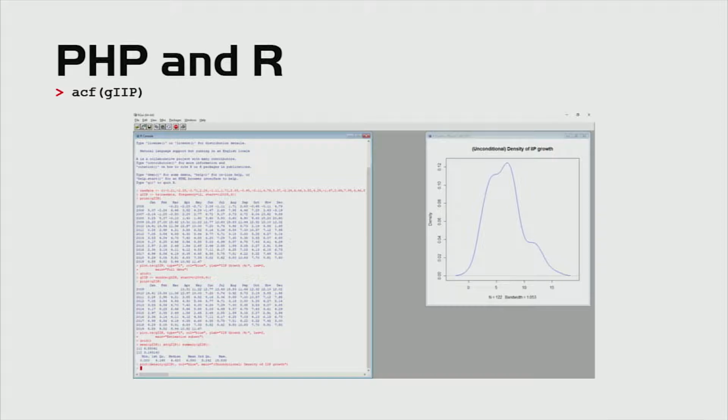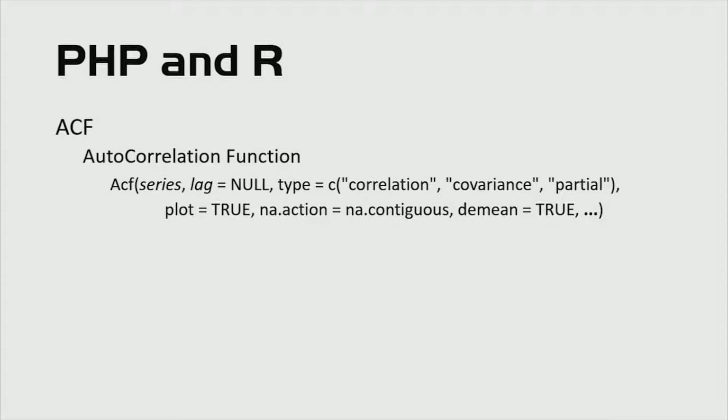Who knows what that is? Do we have any statisticians? People that work with numbers here that can tell us that. No, autocorrelation function. I'm not a statistician myself. I have had to do this in the past without fully understanding it.